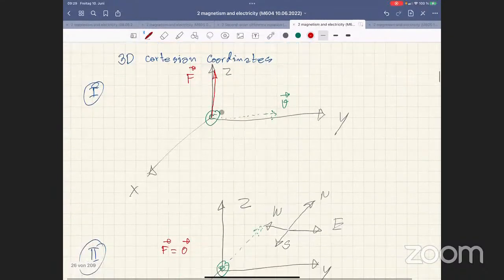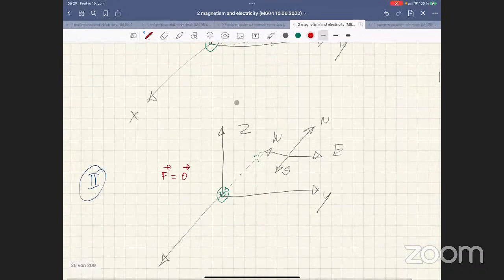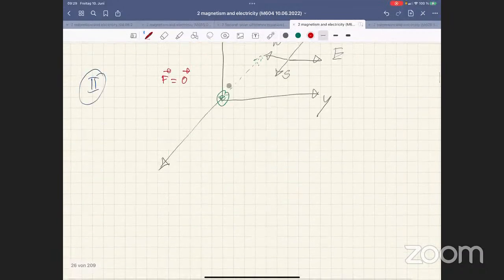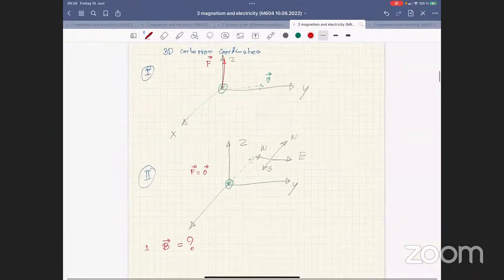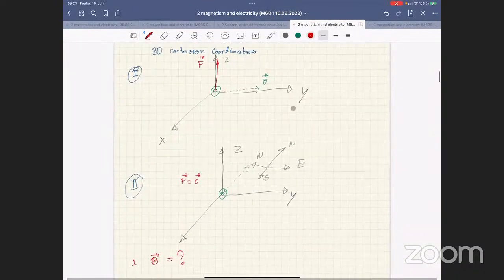What do you think then? The first question is, what is the vector B in these two scenarios?